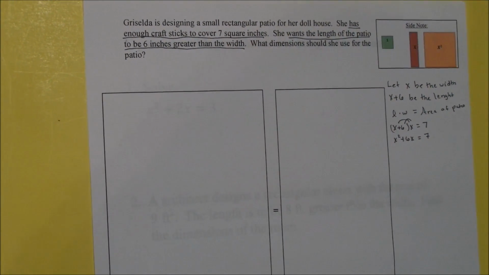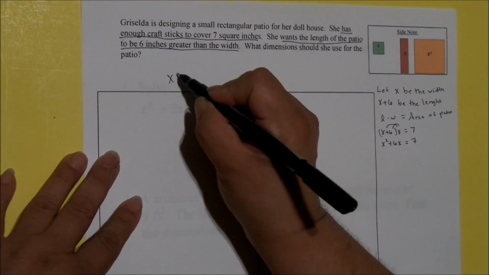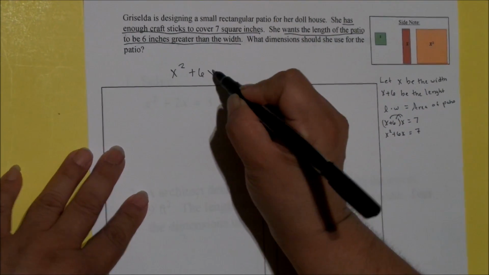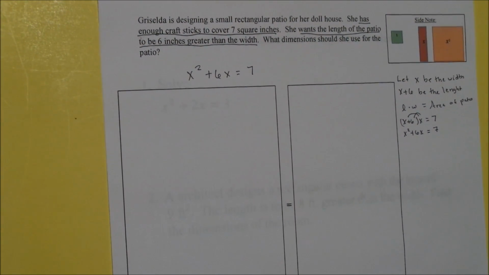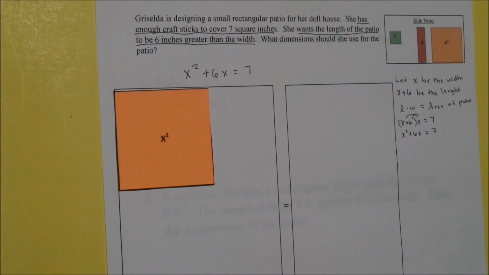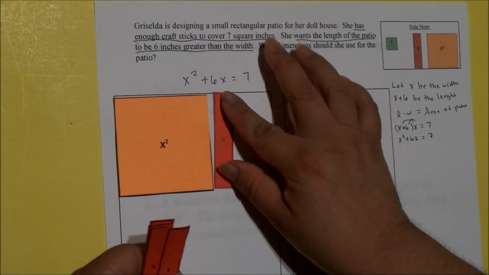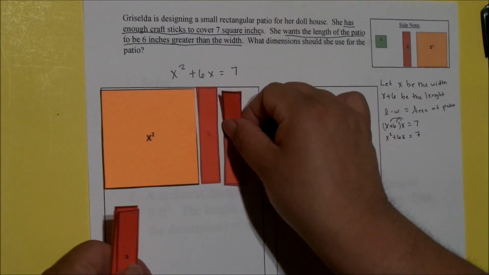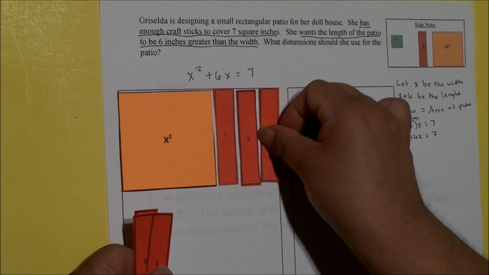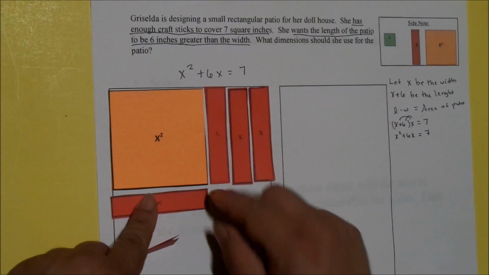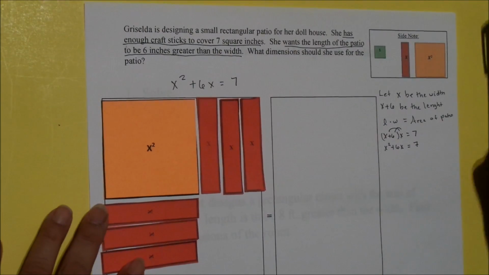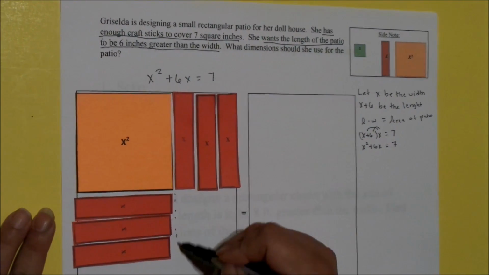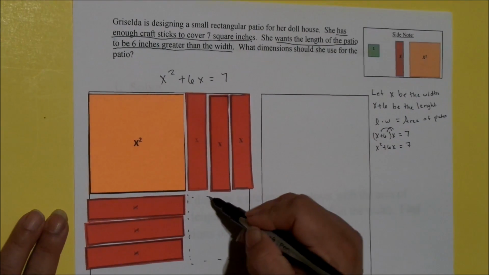Now we're going to use our equation mat to represent this expression. So we have x squared plus 6x, and again we're trying to create that large square. I have 6x tiles on here, and again we're missing a part of the square.